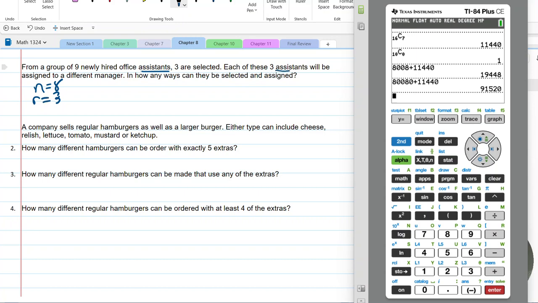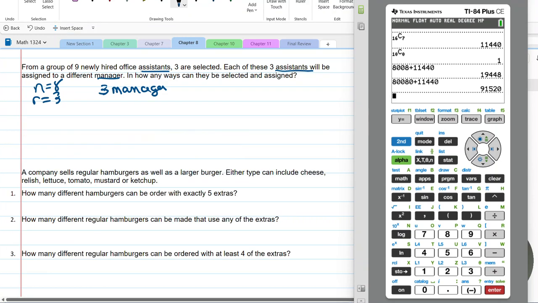Each of these 3 assistants will be assigned to a different manager. In how many ways can they be selected and assigned? All right. So let's see what we can do with that.